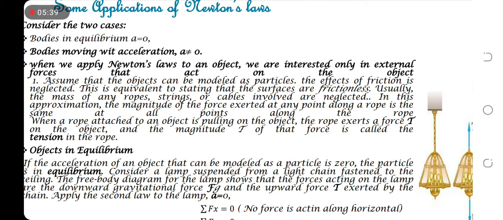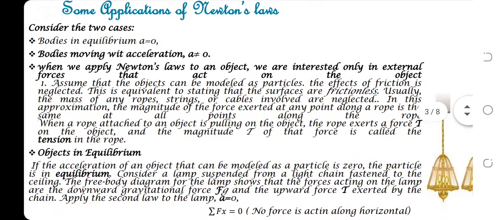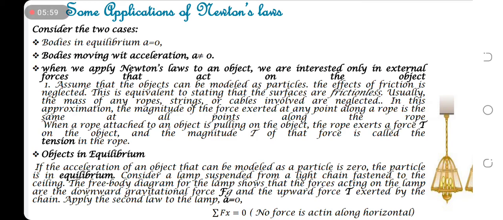Usually the mass of any rope, string, or cable involved is neglected. So we only consider the masses of objects, not the masses of ropes. In this approximation, the magnitude of the force exerted at any point along a rope is the same at all points along the rope.